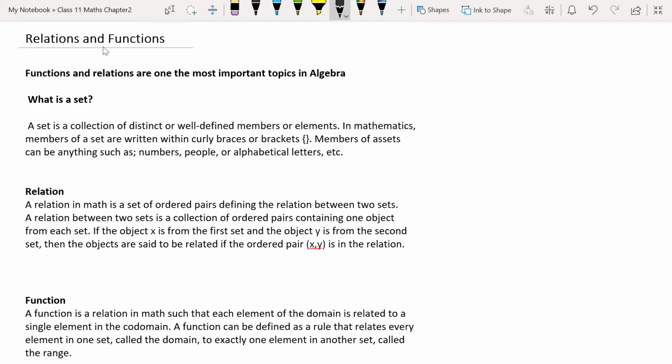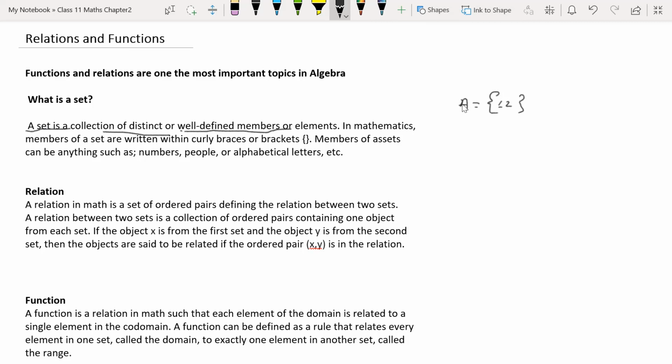Functions and relations are among the most important topics in algebra, or in mathematics. Before going to relations and functions, as we have studied in our previous chapter, what is a set? A set is a collection of distinct or well-defined members or elements. The elements of a set are always represented like this: A is a set, and it has elements.